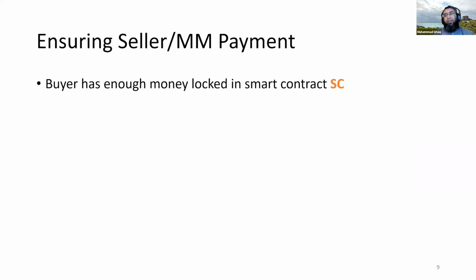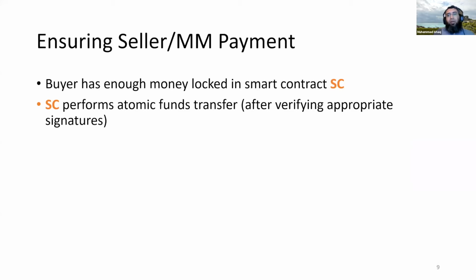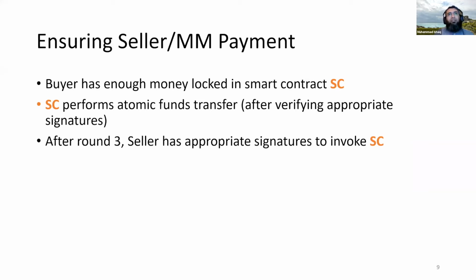So even before running this Sigma trade protocol, buyer locks sufficient money in some smart contract SC, and as part of round 3, he sends appropriate signatures, which the seller can then use to invoke SC to get its payment. And SC is implemented so that it makes sure that a market maker has already paid before paying him for the assets, right? And SC, the smart contract, is used multiple times. So the cost of the setup amortizes over time, right?